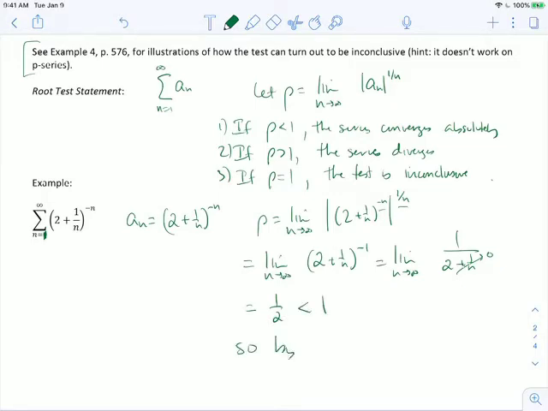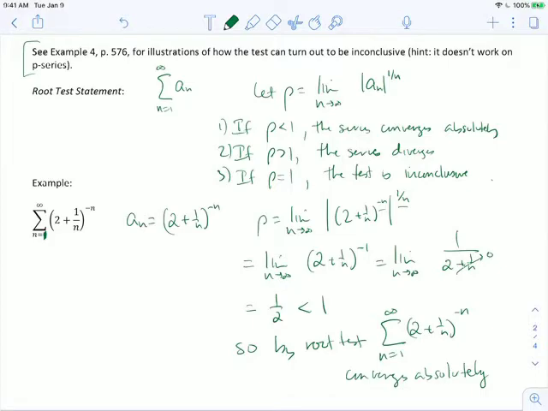So by the root test, the summation n equals 1 to infinity of 2 plus 1 over n to the minus nth converges absolutely. There's one problem involving the root test on our homework assignment. It gets a lot less use overall than the ratio test, but we want to at least be able to deal with it in the obvious cases.